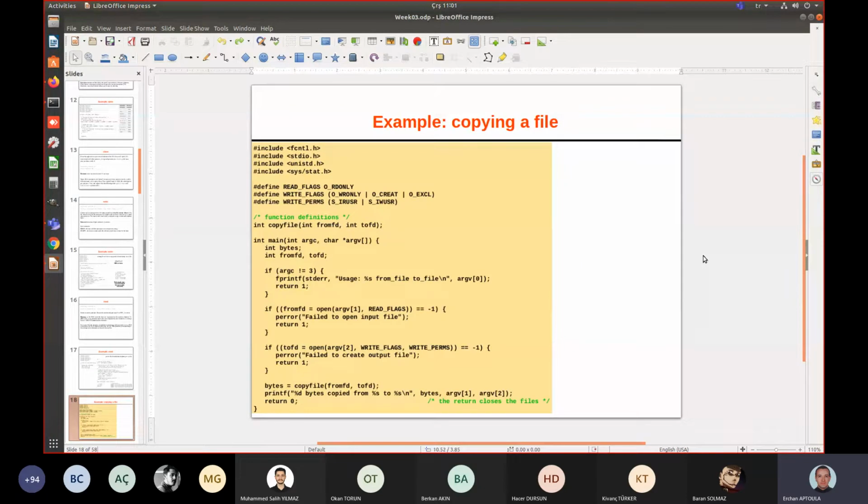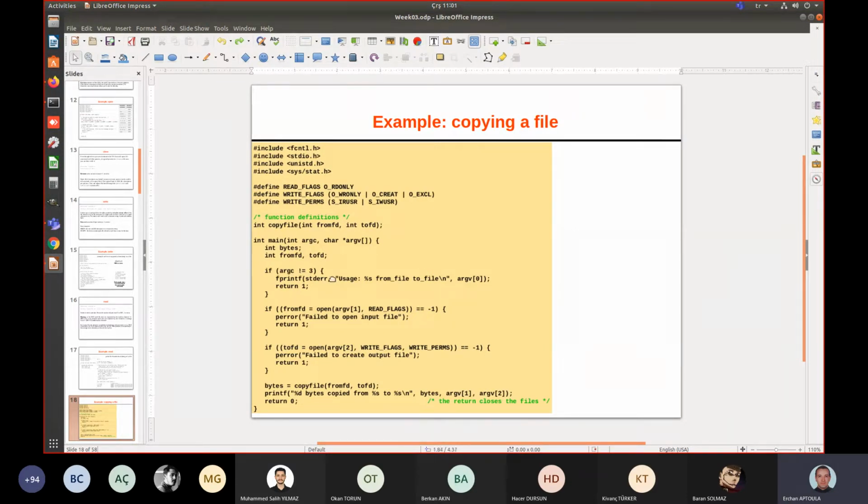And this is one of those better examples. This is an example of a properly written program that very simply copies the contents of the source file to the destination file. The main function just receives two command line arguments, the source path and the destination, the target path. So argc must be equal to 3.